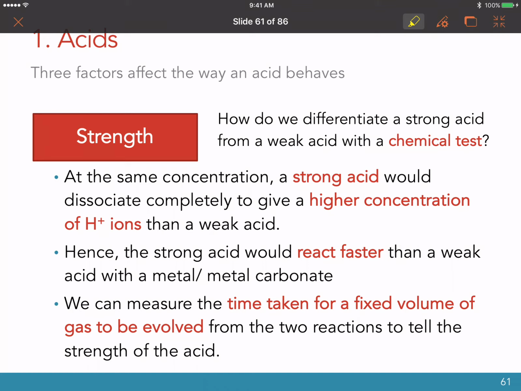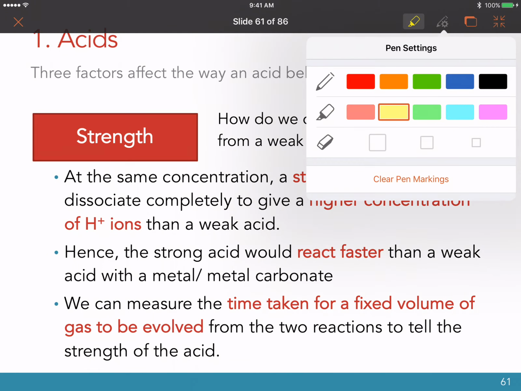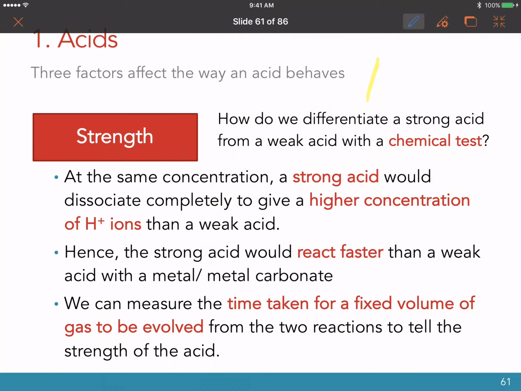or if you use a metal carbonate. How do we quantify how fast it is? We can measure the time taken for a fixed volume of gas to be evolved from the two reactions to tell the strength of the acid. So for instance, you can have one test tube, okay, with the acid here.